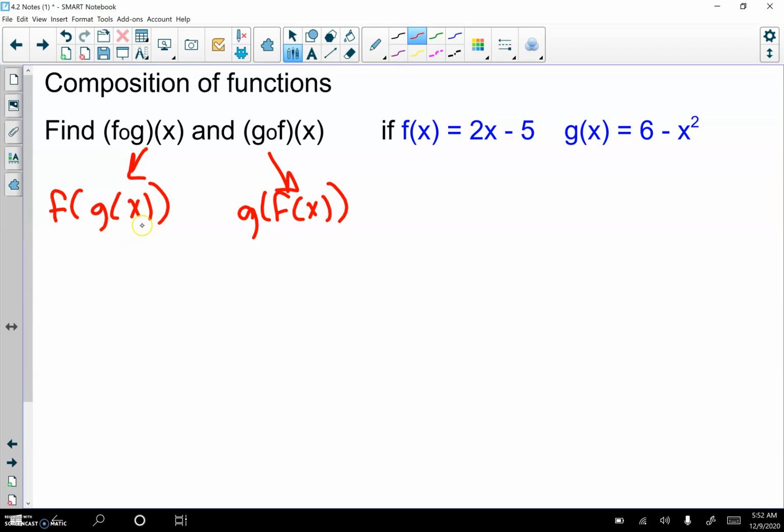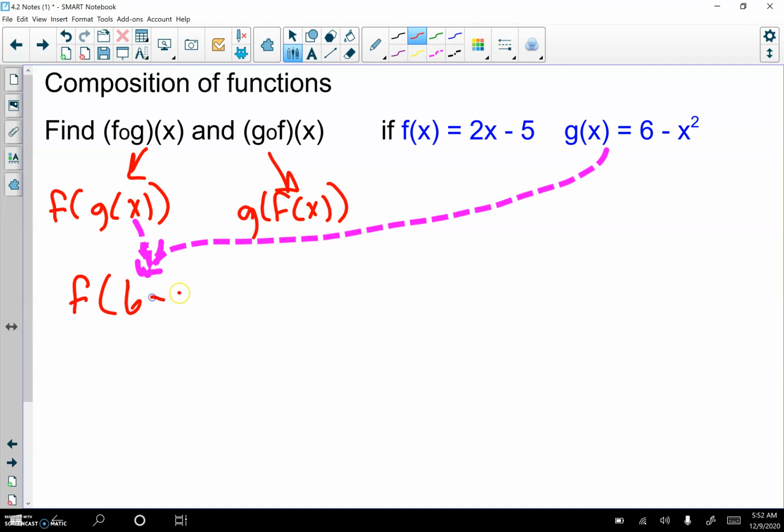So f of g of x. I'm going to just take my g of x and drop it in, because I know it, 6 minus x squared. It's like doing two problems in one. Now I put my g of x in, and now I need to know what f of 6 minus x squared is.